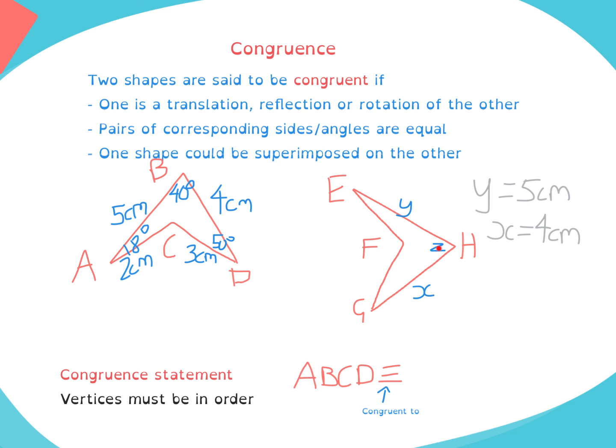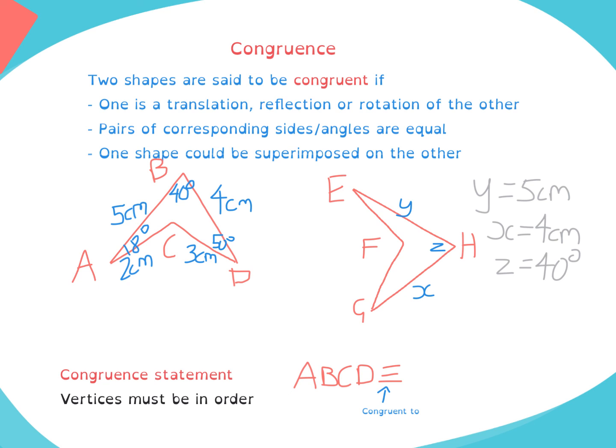Well, Z is the angle between the two longer sides, 5 centimeters and 4 centimeters. So its corresponding angle here is the angle between the two longest sides. So here, Z would be 40 degrees. Because these two shapes are congruent, that means pairs of corresponding angles will be equal. So this angle here would be 18 degrees, for example, and pairs of corresponding sides will be equal.